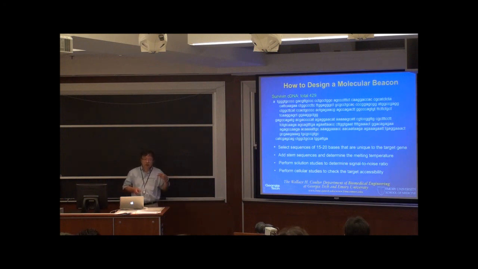Of course, you can synthesize your own, but it takes more time and is more expensive, so we usually do not do that. Once we have the beacons from the company, we do our own studies to make sure that the beacon has a pretty high signal-to-noise ratio. Usually the signal-to-noise has to be larger than 10. Otherwise it wouldn't be so useful.